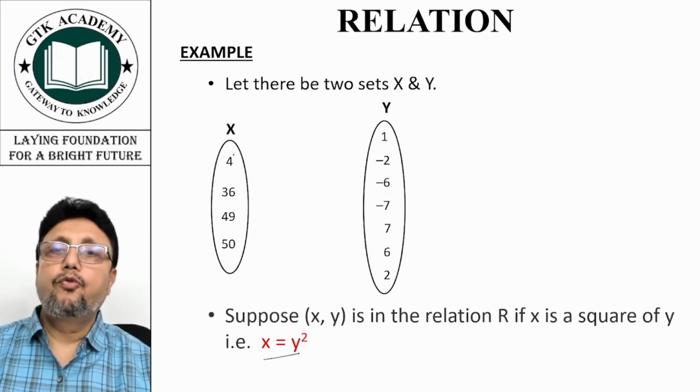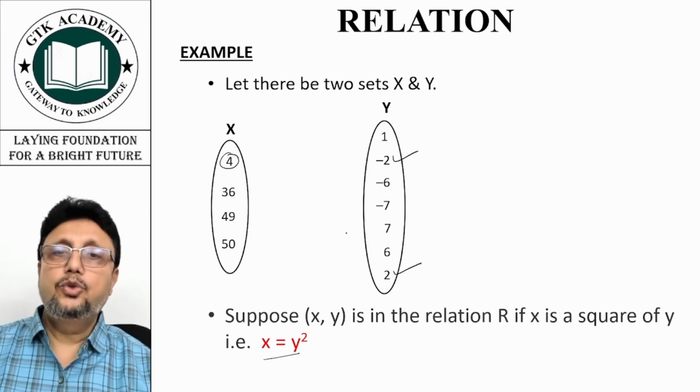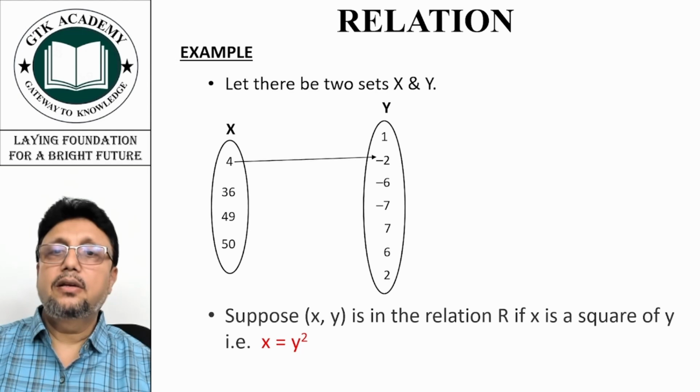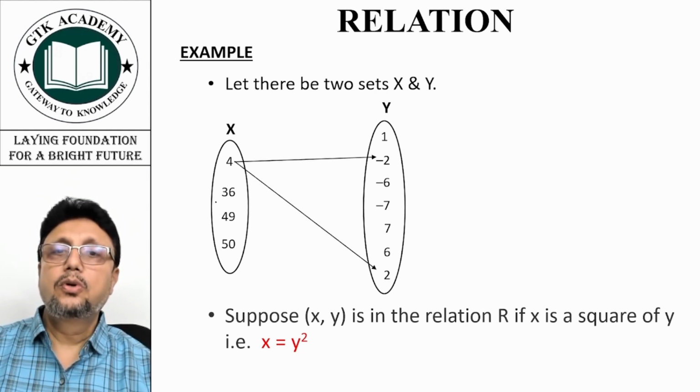That means 4 will correspond to 2 as well as minus 2, because the square of minus 2 is also 4 and 2 squared is also 4. So we can show it like this. Again, 36 will correspond to minus 6 and 6, 49 to minus 7 and 7.